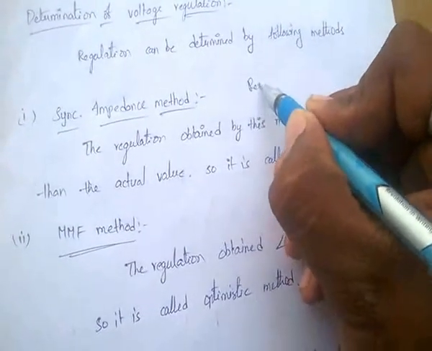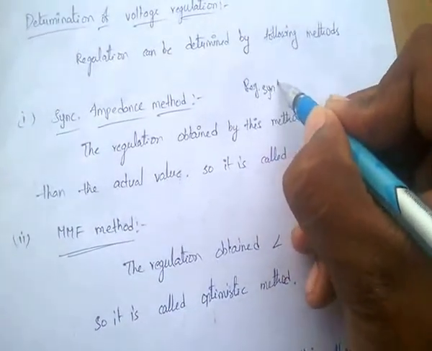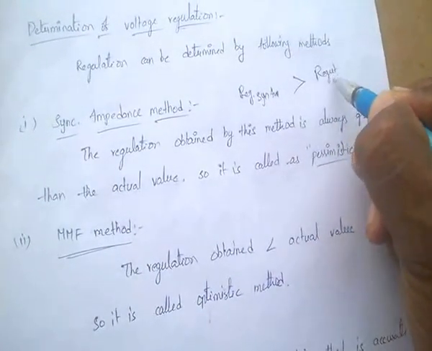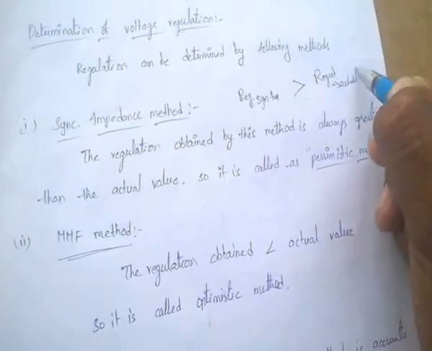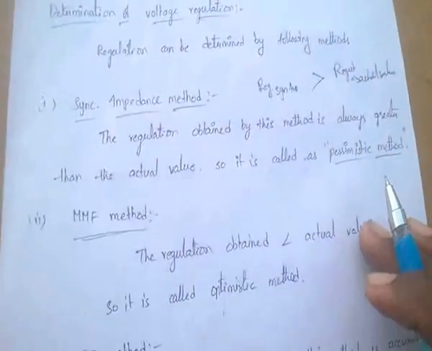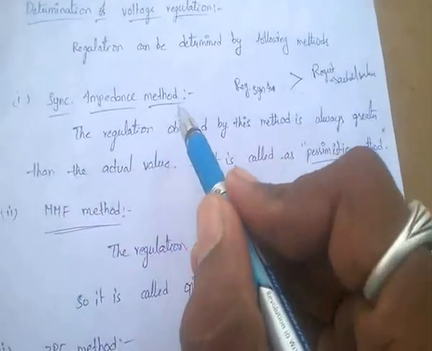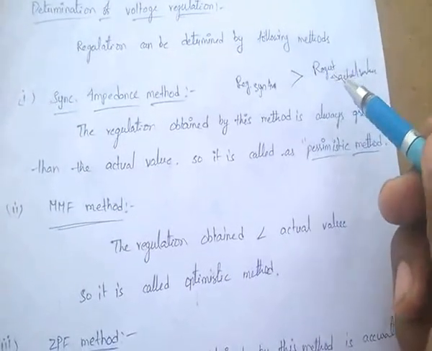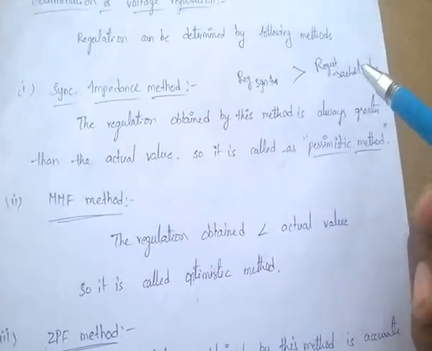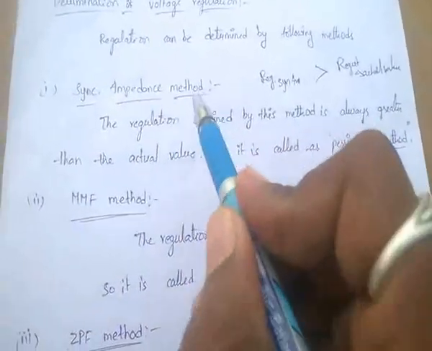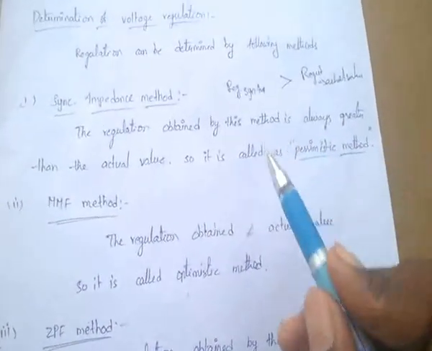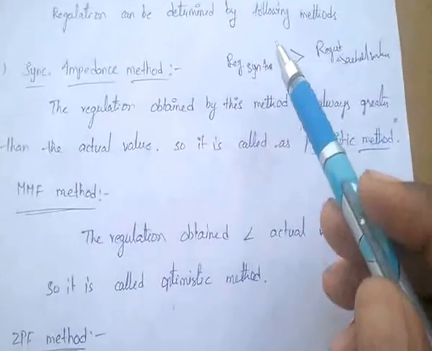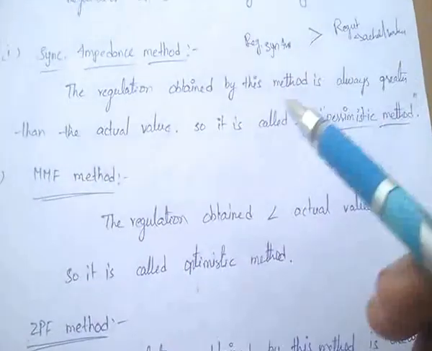That means it is called the pessimistic method. Why? Because the regulation obtained by this method is always greater than the actual value. Very important bit.